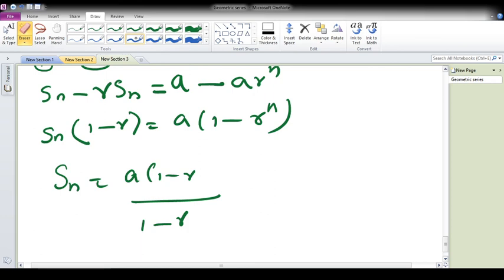So we have Sn equal to a into 1 minus r power n by 1 minus r. In this case, we can write a minus ar power n by 1 minus r. With mod r less than 1, r power n converges to 0, so this term, ar power n, converges to 0. So we got a by 1 minus r.